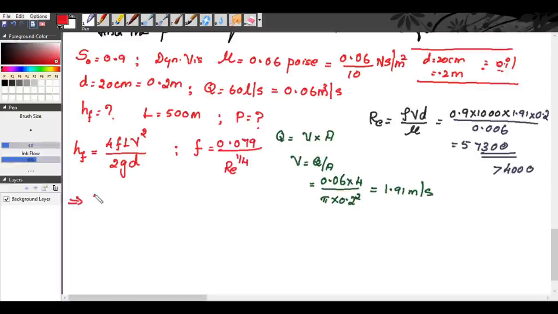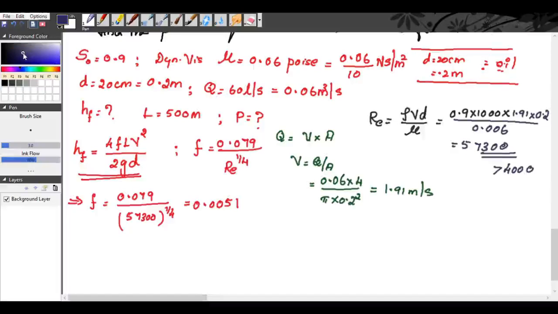So, from which we get F is equal to 0.079 divided by Reynolds number, 57,300, the whole raised to 1 by 4. We get coefficient of friction as 0.0051. Now, we will apply the coefficient of friction in our formula.